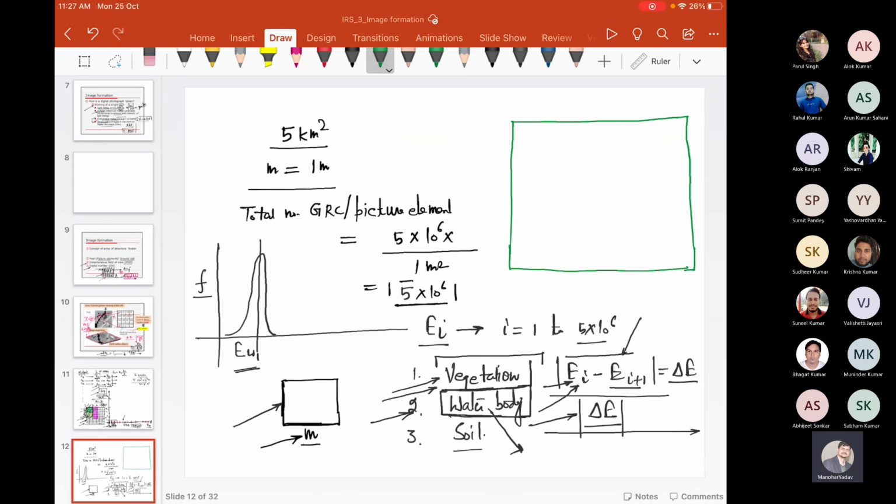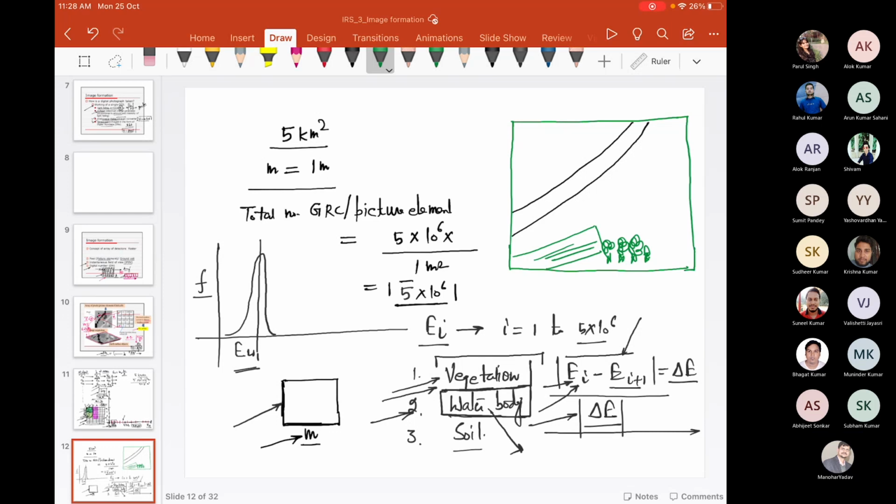Okay, and a water channel passes through that area, and then around the water channel, you can assume that there are soil, barren land, and somewhere here there are trees, even some agriculture field could be assumed.